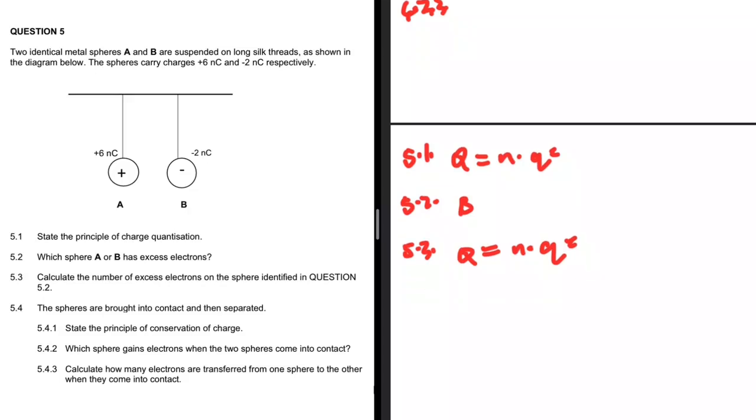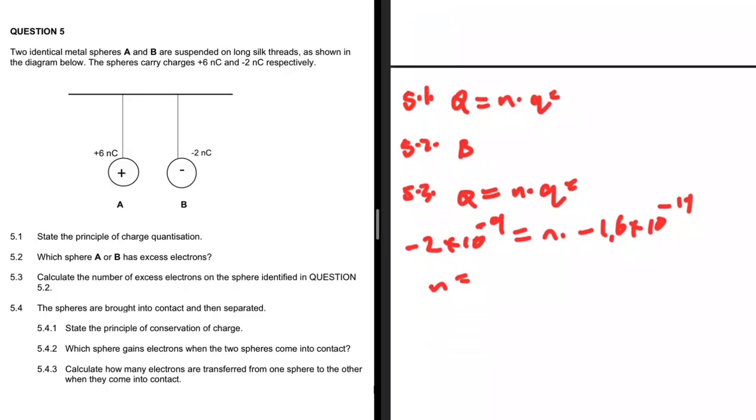So we're going to have minus 2 times 10 to the minus 9, meaning equals to N multiplied by minus 1.6 times 10 to the minus 19. So we divide both sides by minus 1.6 times 10 to the minus 19, and we get 1.25 times 10 to the power 10 electrons.